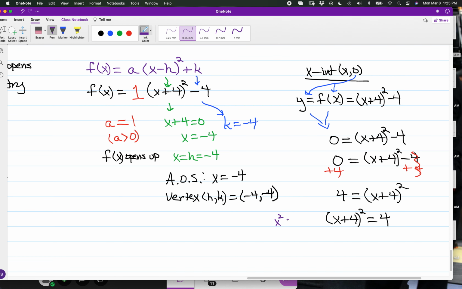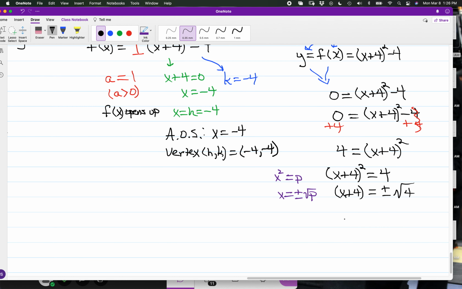Again, if you recall, if you have x squared is equal to p, x is equal to plus or minus the square root of p, and applying the same treatment, but where x is represented by x plus 4. So if we go from second to first order, we have x plus 4 first order is equal to plus or minus the square root of 4, and so I have x plus 4 is equal to plus or minus.